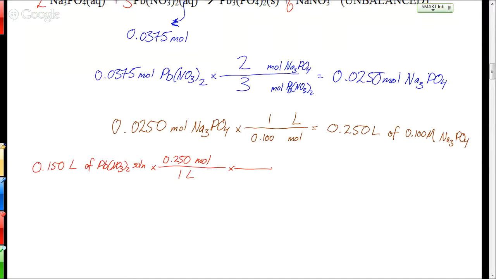Then we do our conversion here. Then back to the concentration of the other one. So something like that. Those are going to cancel. Moles cancel. And we're left with the liters of the other solution.